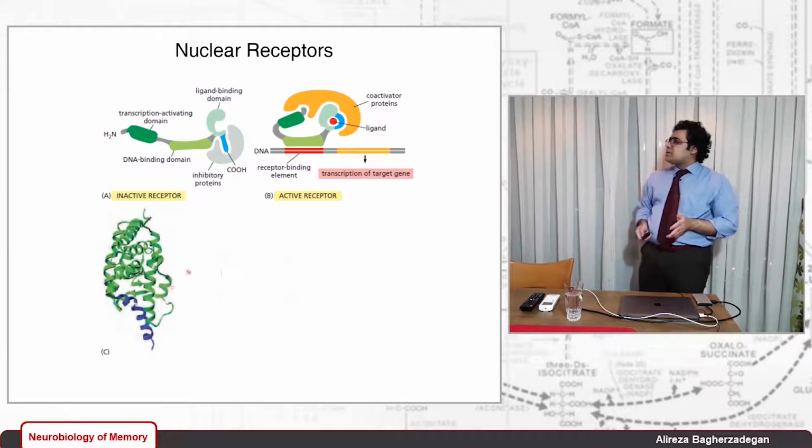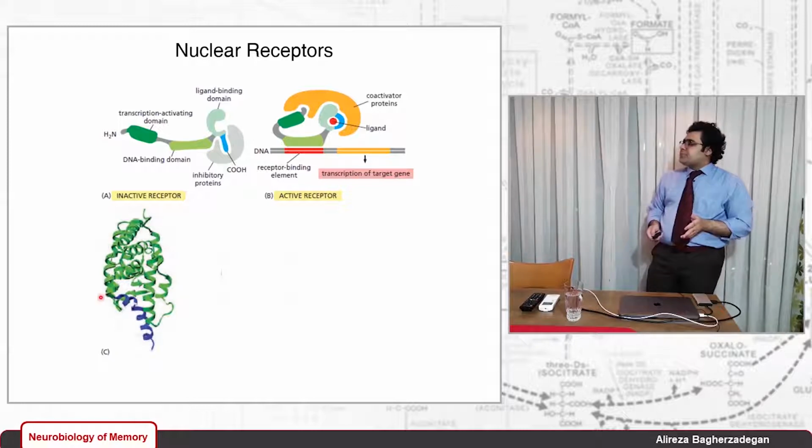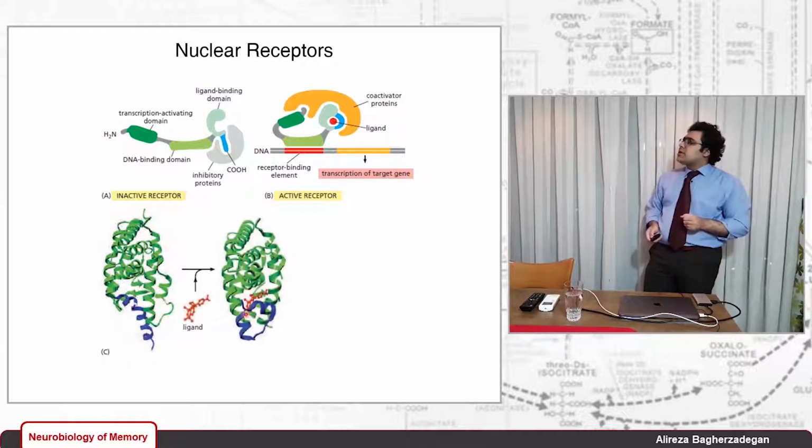But a real example is this ribbon structure of the retinoic acid receptor. And as you see, it is inactive right now. But when the ligand binds to it, it undergoes a conformational change. And you can see that conformational change mostly at the bottom of this receptor.